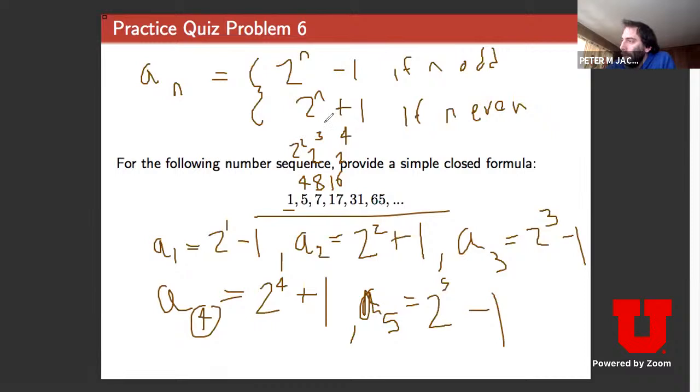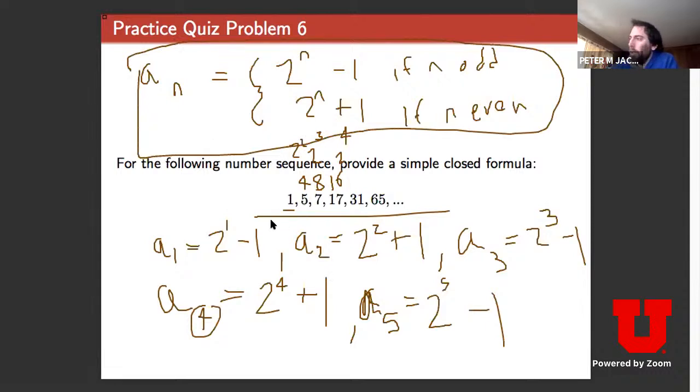So we can rewrite this in the following way.